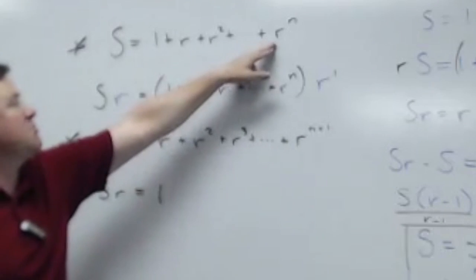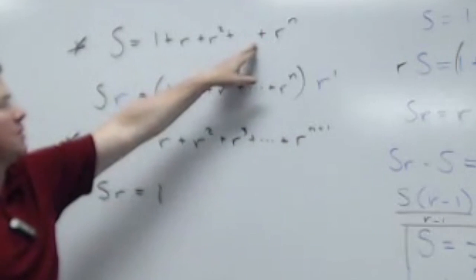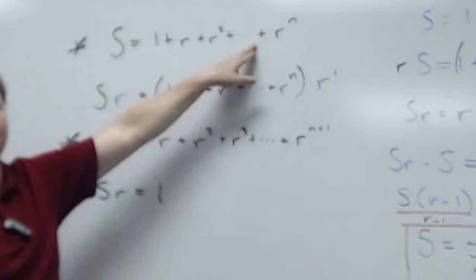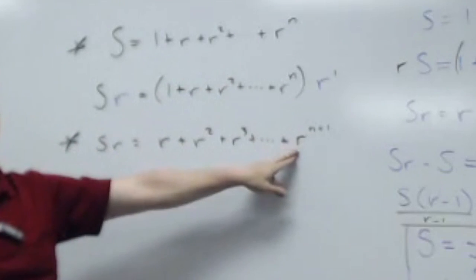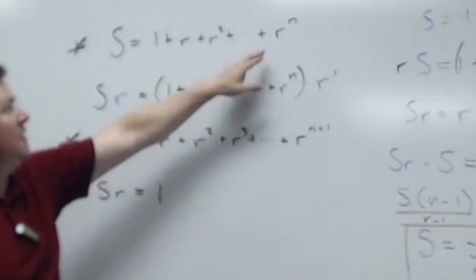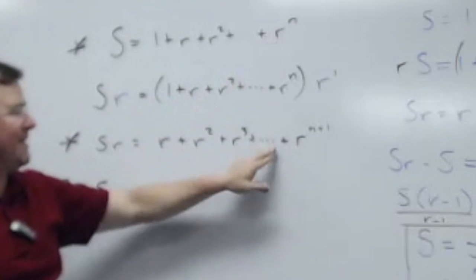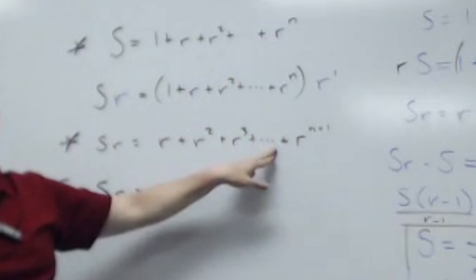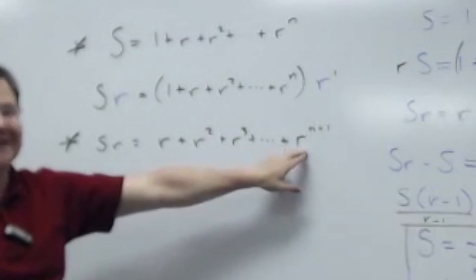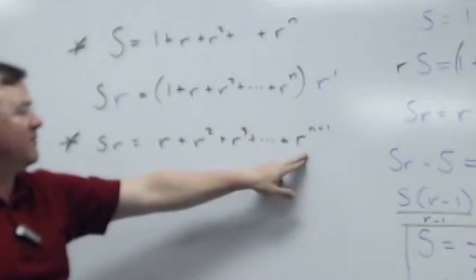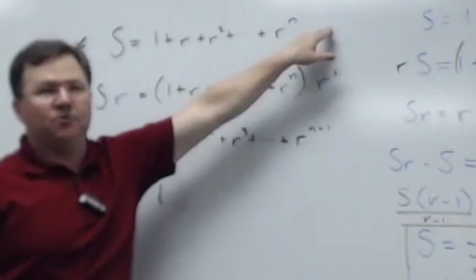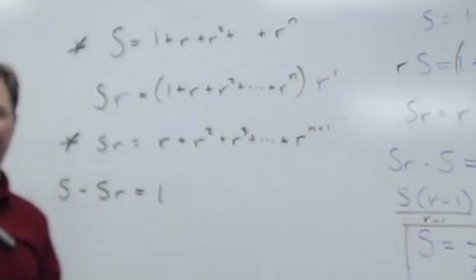So the term just before this one is r raised to what power? This term is going to cancel with the second to last term here. The only thing is this guy has nothing to cancel with. It would have canceled with the next term if I had written it, but I didn't. You see what I mean?